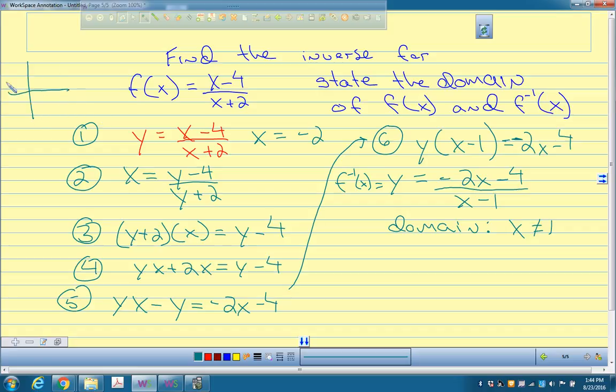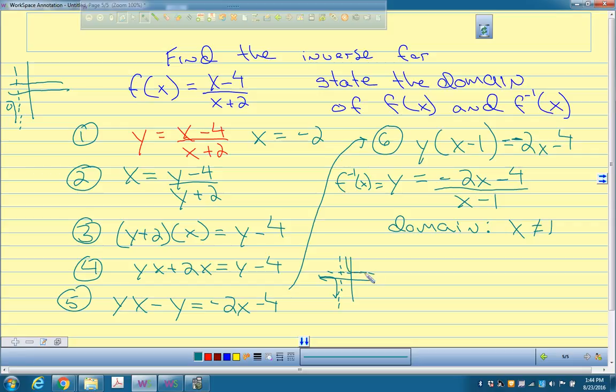But if I graph this function, we'll talk more about rational functions later in the semester. This one kind of looks like this, and it has an asymptote at 1. If I graph this function, it has asymptotes at negative 2 and 1, and it kind of looks like this.